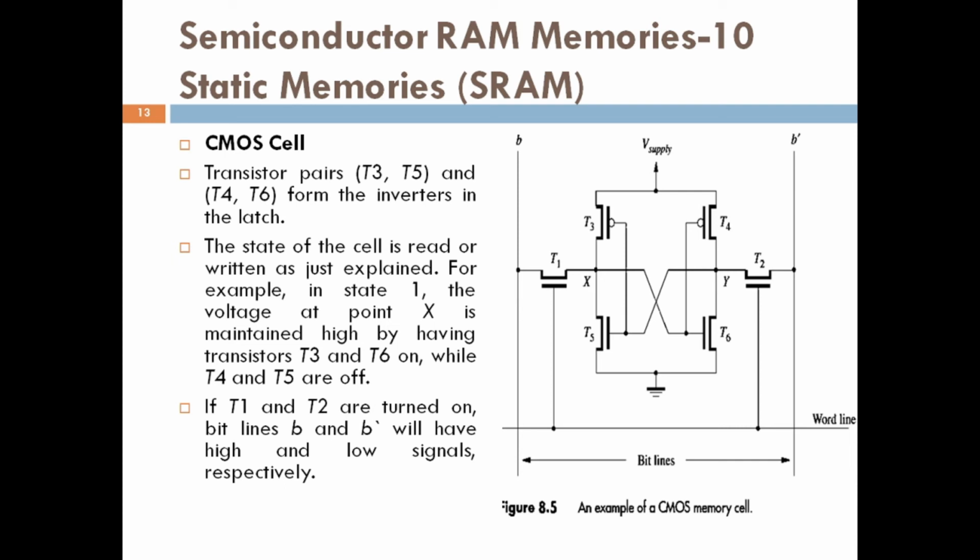For example, in state 1, the voltage at point X is maintained high by having the transistors T3 and T6 on, while T4 and T5 are off. Hence, if T1 and T2 are turned on, that is, if they are closed, then bit lines B and B dash will have the high and low signals respectively.